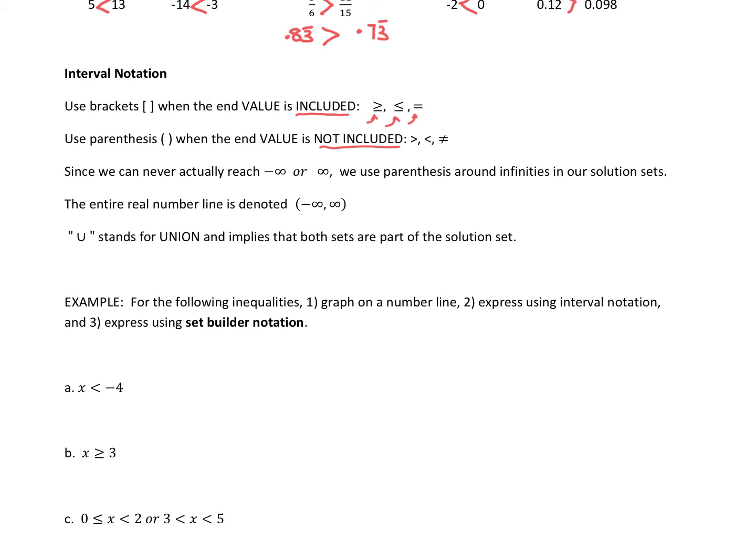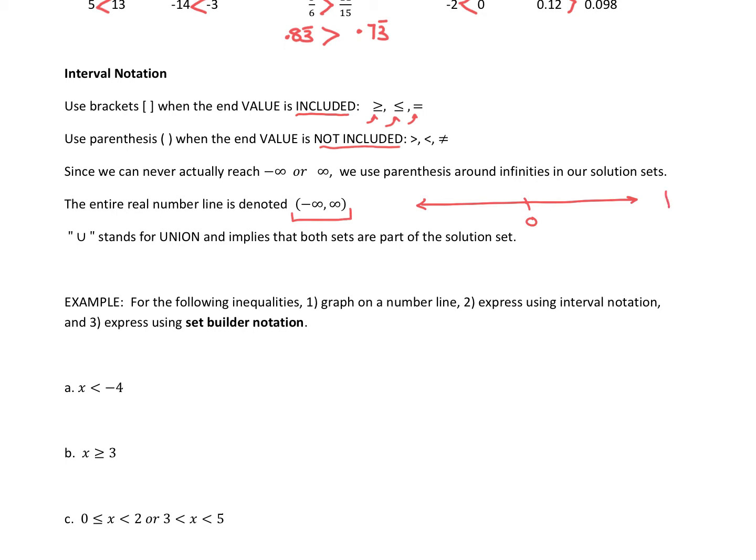Since we never actually reach infinity or negative infinity, we're going to use parentheses around any infinities in our solution sets. So if we're talking about the entire real number line, everything from negative infinity all the way to positive infinity, we're going to call this negative infinity to infinity.